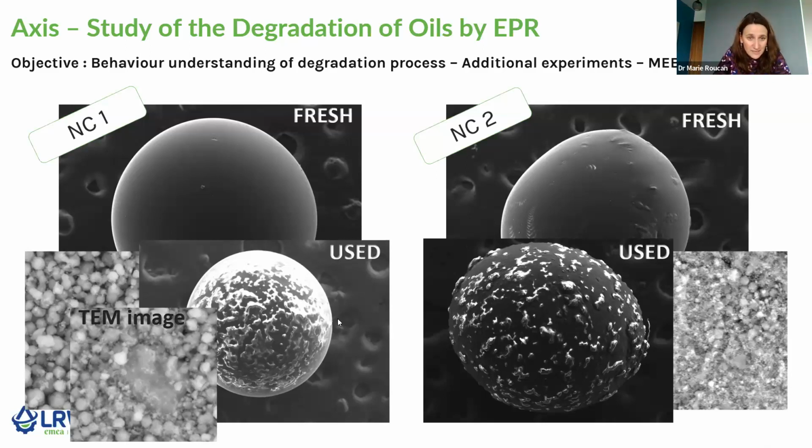And here is this whole set of deposits, kind of like the radicals, all the residue we absorbed from our used oil. And here is the same, a zoom on it to see the surface, and it looks like a gel which has stuck to the surface. You couldn't see anything here, and here it's kind of greasy.